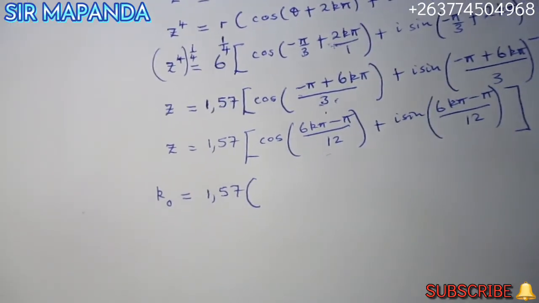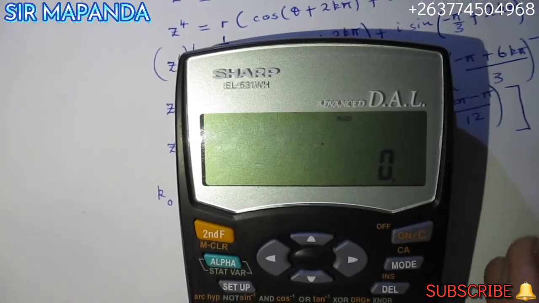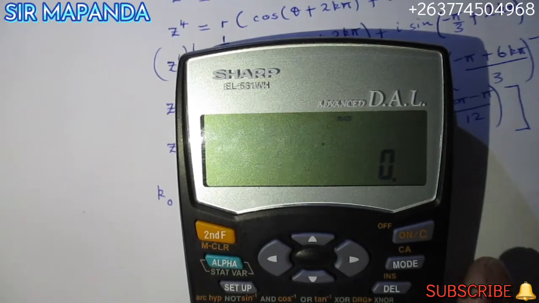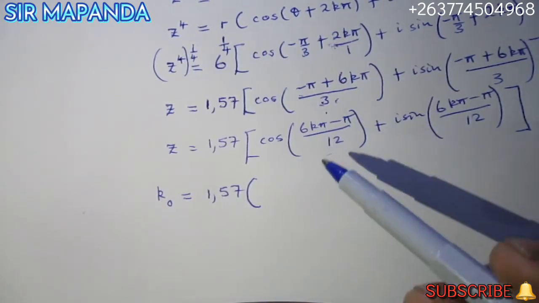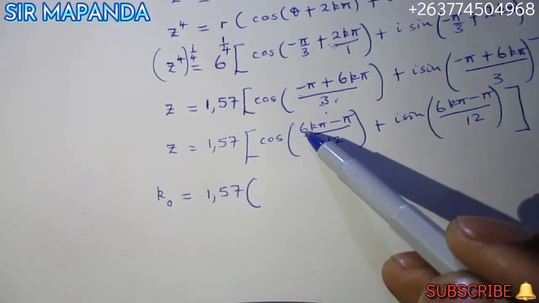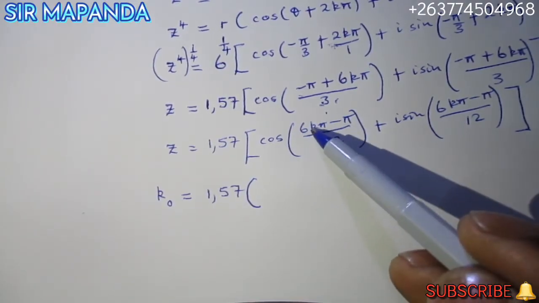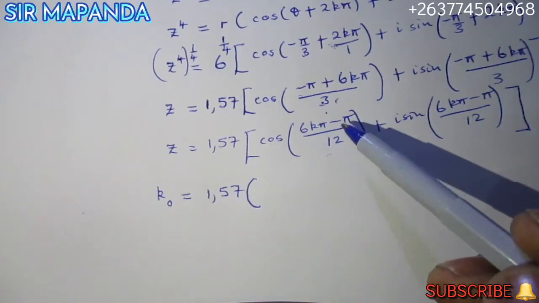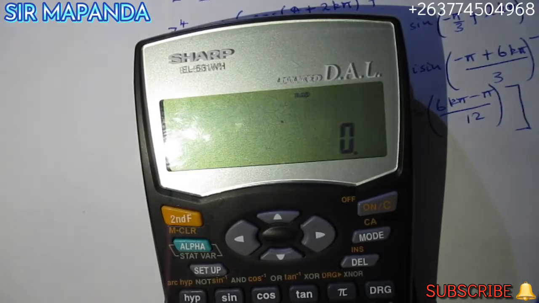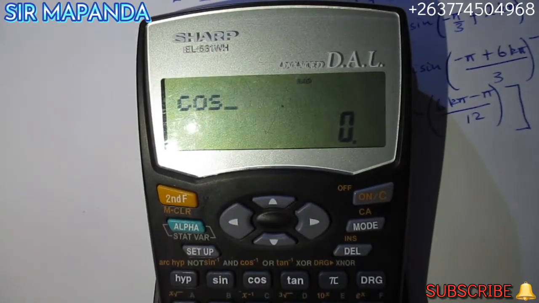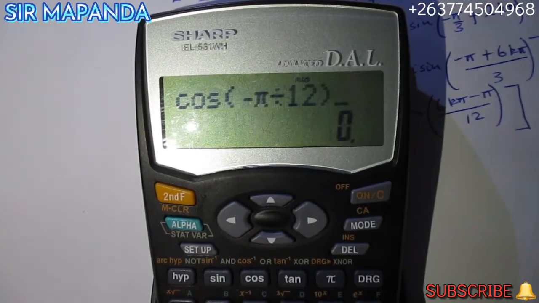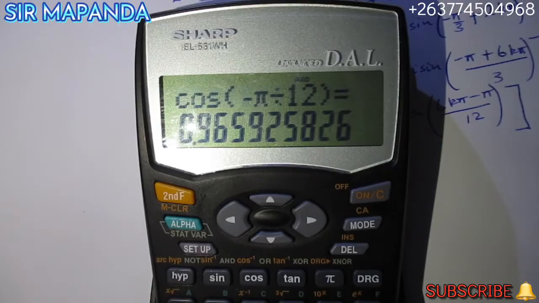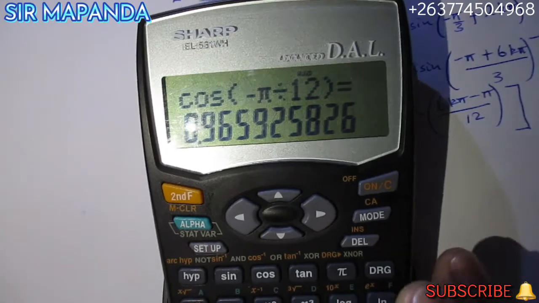So take note of something. Your calculator must be in radians, since we are dealing with pi's, right? Then, if we put 0 on k, this 6k pi is going to disappear, leaving you with minus pi over 12. So, cos, right, open bracket, minus pi divided by 12, close bracket, you get 0,966 to 3 significant figures.